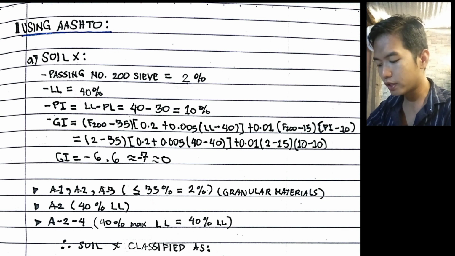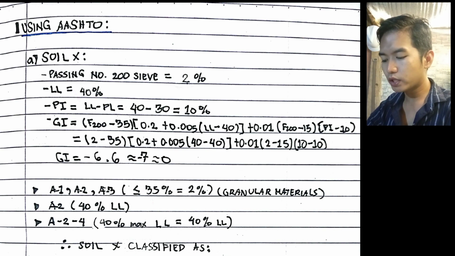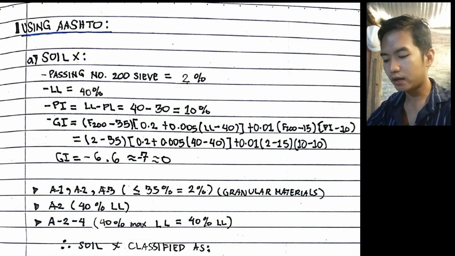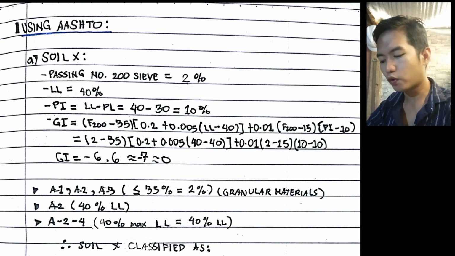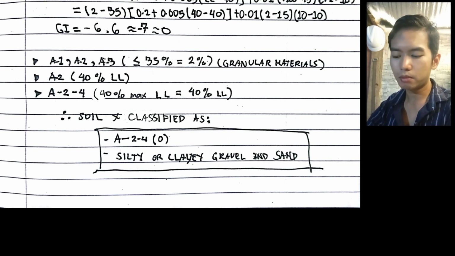To classify it further, it can be classified as A-2-4, because the maximum liquid limit needed for A-2-4 is 40%. For A-2-6 and A-2-5, the minimum liquid limit is 41%. So since the liquid limit is 40%, it is classified as A-2-4. So soil X can be classified as A-2-4(0). That means it is silty or clayey gravel and sand.